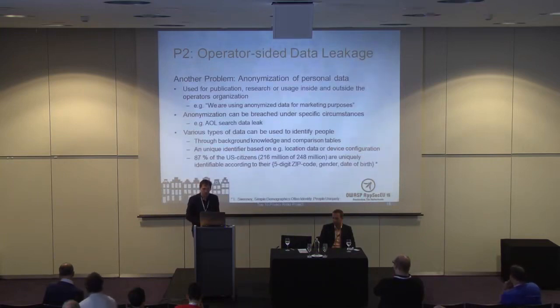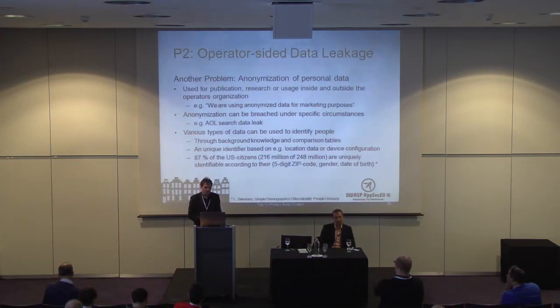So, of course, there are different kinds of anonymization. You can delete data, you can mask data, you can generalize data, randomization. You can do several different things to try to anonymize it, but it's pretty easy to compare those data.